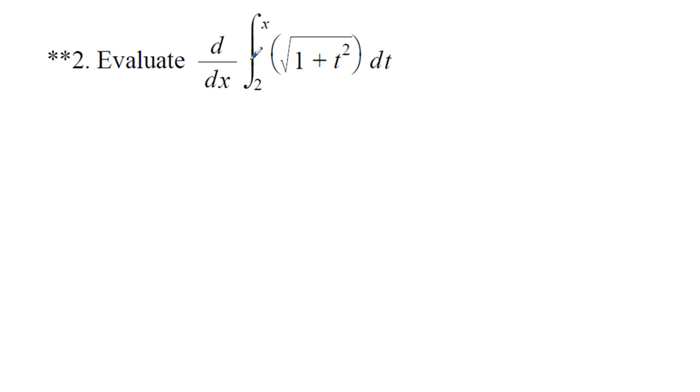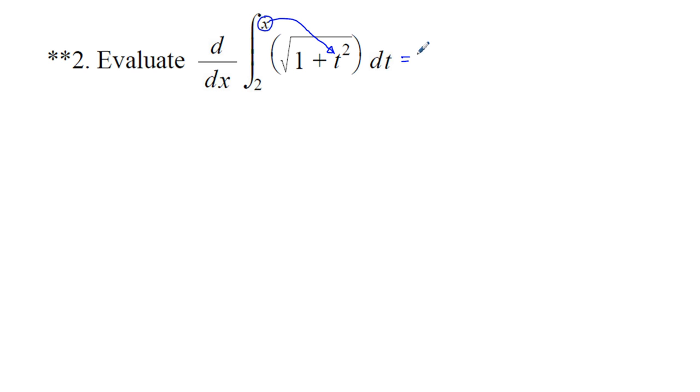To evaluate d/dx of the integral from 2 to x of the square root of 1 plus t squared dt. Well, again, using the second fundamental theorem of calculus, we take this x and replace that t there with x.